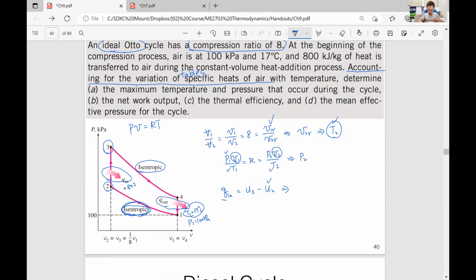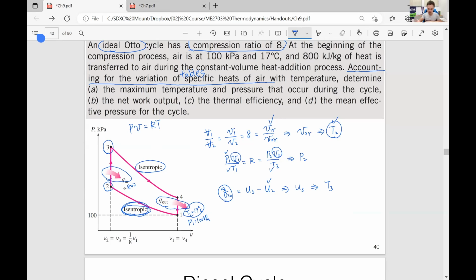And Q in is given, so we can find out what U3 is. Once we know internal energy, we can use the table to get T3 because internal energy depends on temperature only. In this case, this is ideal gas.